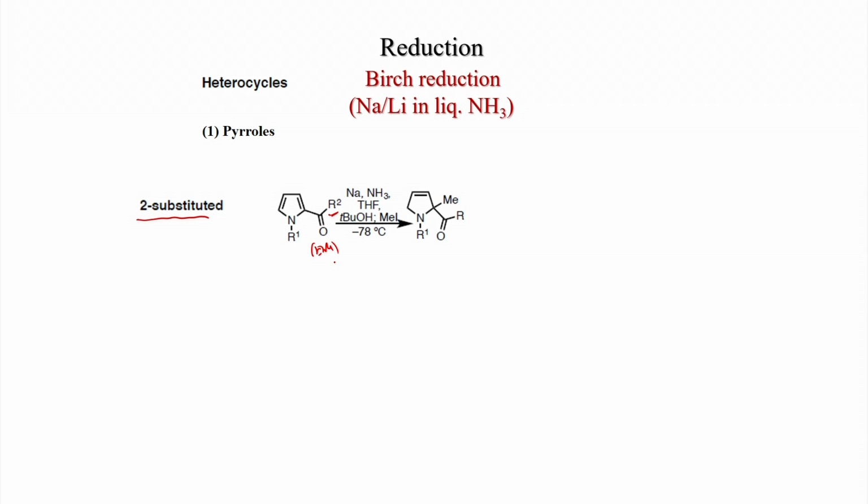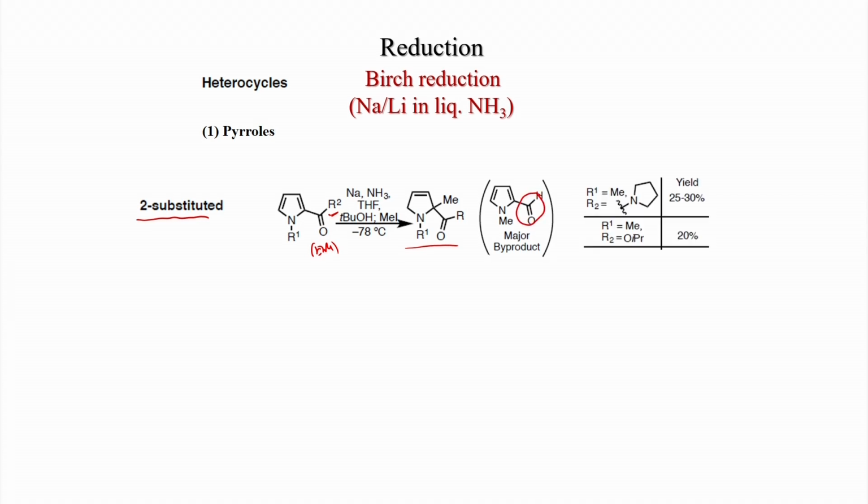Now, if you treat this 2-substituted pyrrole with sodium, liquid ammonia, THF with tertiary butanol, followed by alkylation with methyl iodide, then you get a 2,5-dihydropyrrole with a quaternary center at the 2 position, and the major product is this, with an ortho position aldehyde group also. And you can see here, if R1 is methyl and R2 is pyrrolidine, so if it is a pyrrolidine amide, then you get a 25 to 30% yield of the product.